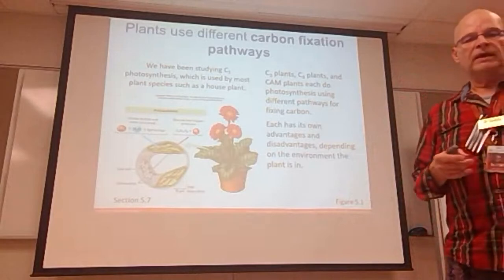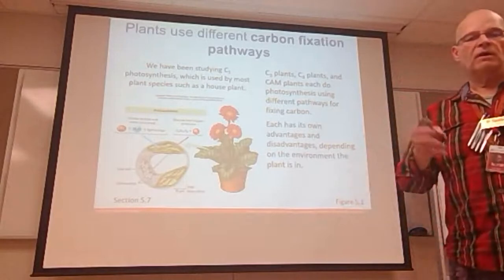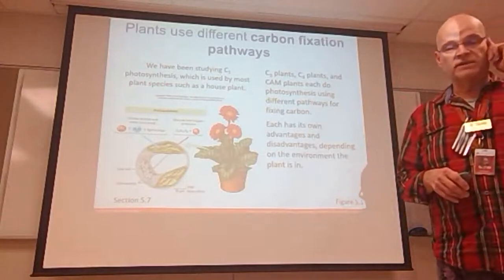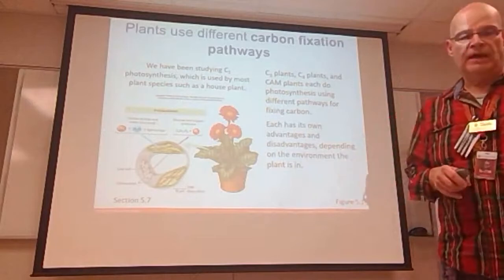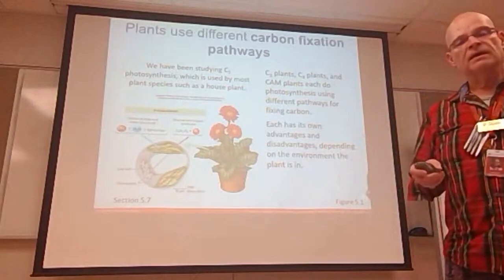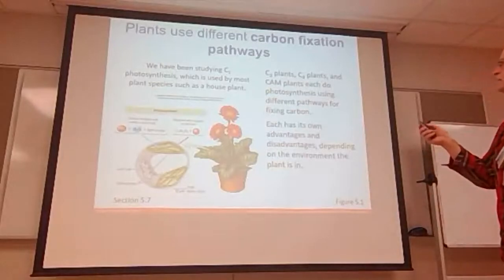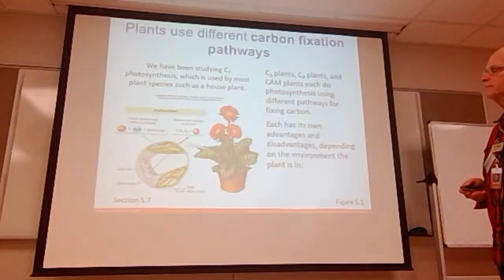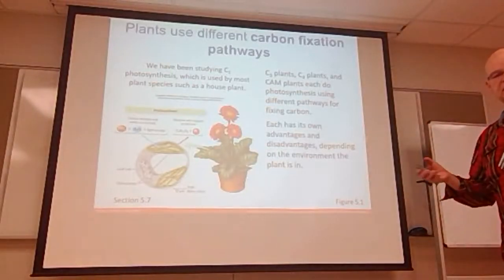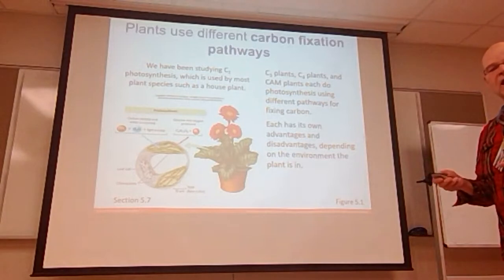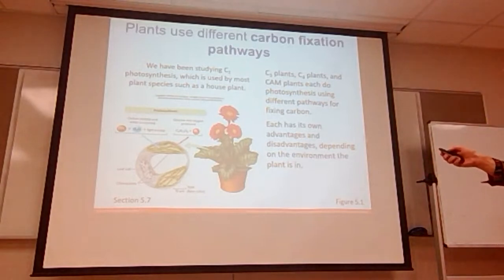There are plants that grow in Hawaii that we can't grow in Arkansas. There are plants that grow in Arkansas that won't do well in Hawaii. There are things that do well in Alaska that won't do well in Florida. So again, each one of these different types of photosynthesis has its advantages and disadvantages, and a lot of that is based on environment.